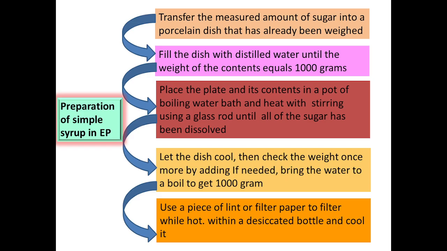Now cool that porcelain dish and check the weight. The weight of content should be 1000 gram. If not, then add boiling water and make the weight of content 1000 gram. Now filter that solution using filter paper while it is hot, and then allow the content to cool.